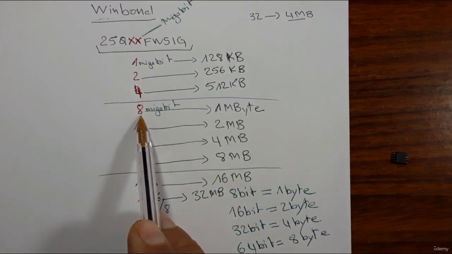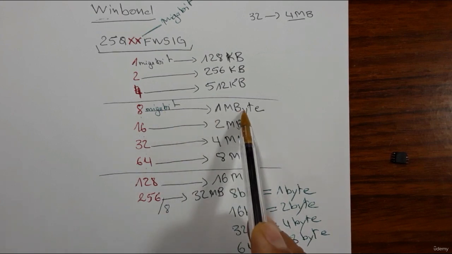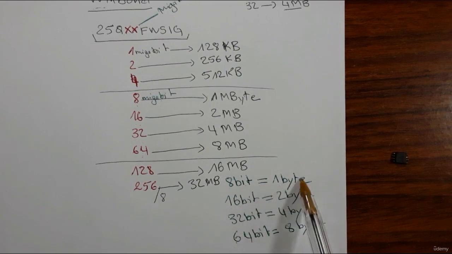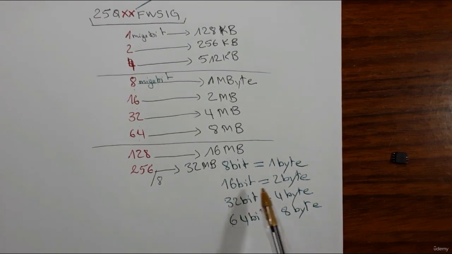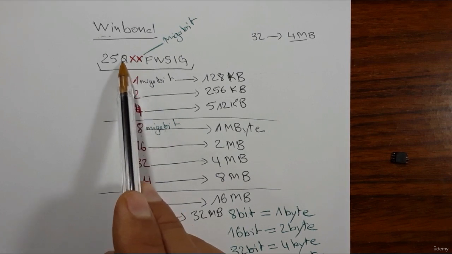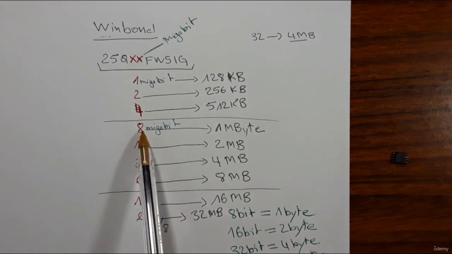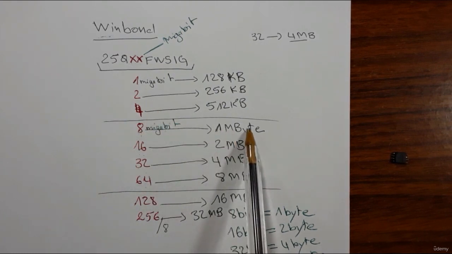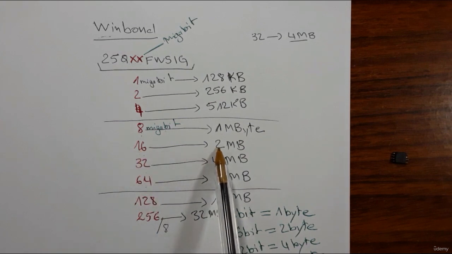So 8 megabit equals 1 megabyte, okay? Why? Because 8 bit equals 1 byte. So 16 bit will equal 2 byte, 32 bit will equal 4 byte, and 64 bit will equal 8 byte. That's why when you find here, between Q and F, 8 means the IC size is 1 megabyte. 16 means 2 megabyte. 32 means 4 megabyte.